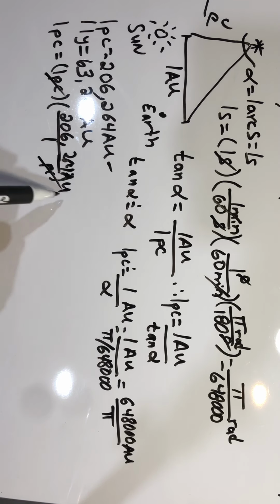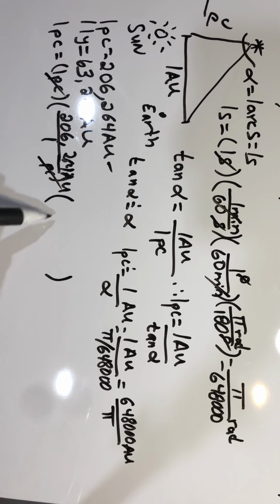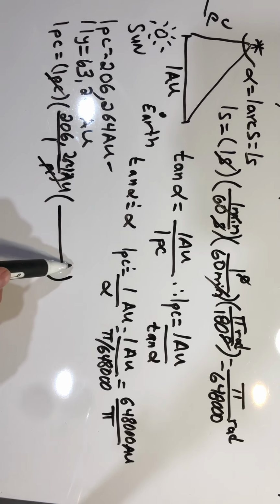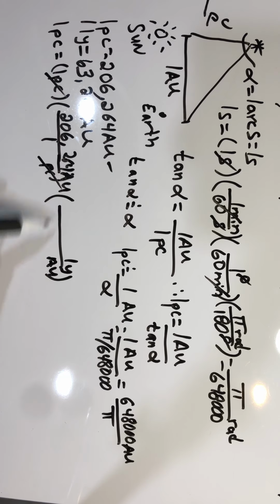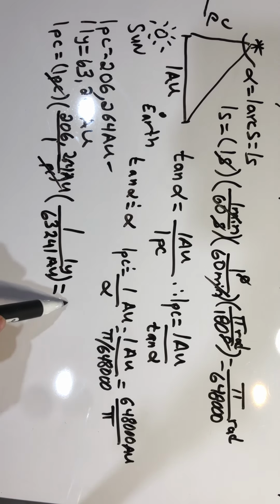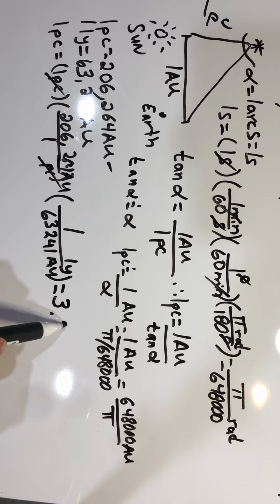But I want light years, so I'm going to put another fraction that involves light years right here, and light years got to be on the top, right? And I want to have astronomical units at the bottom, so I can cancel them out, and I'm going to get it from here. 1 light year is 63,241 astronomical units. And if you do the math right here, you're going to get the number 3.261 light years.